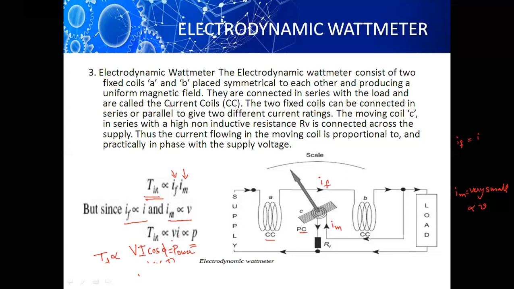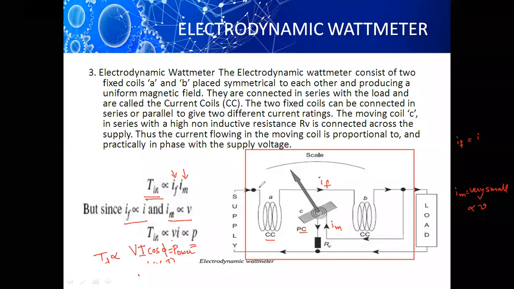So I'll just draw the extent of the instrument here. Our instrument starts from here to here. So we are going to have four terminals of the instrument. Two terminals of the current coil, here one, there is another one, and here is another one, there should be another one, of the pressure coil.